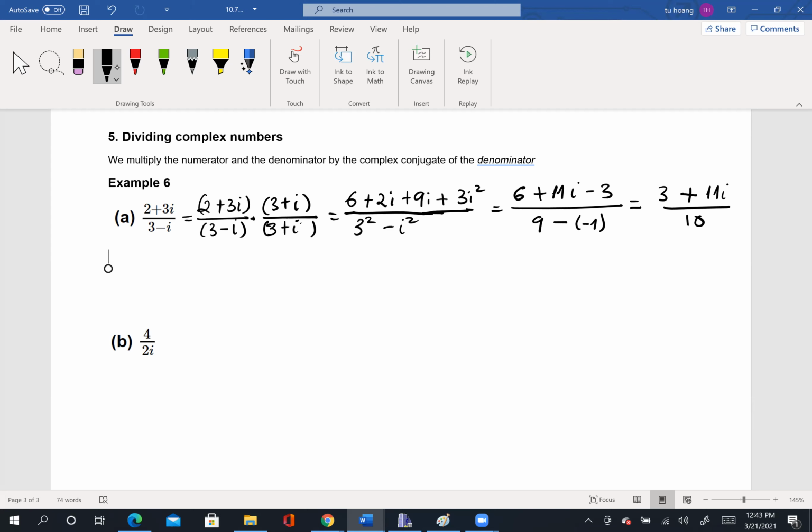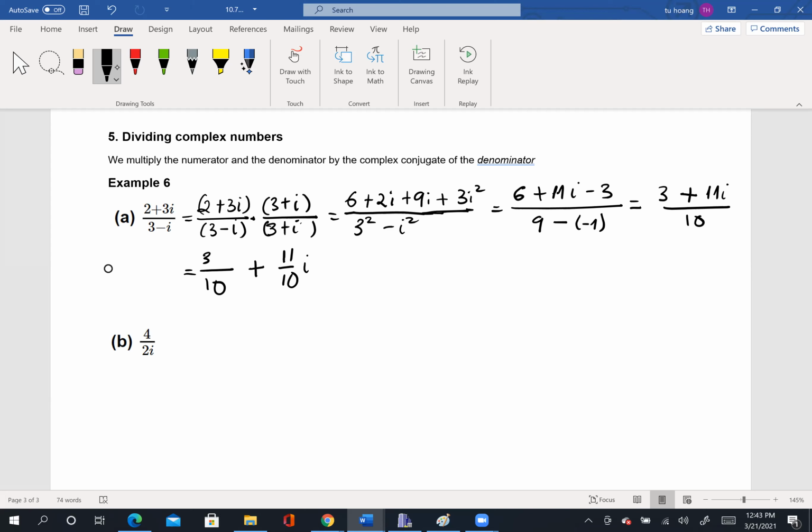Okay, so if I want to write it in the complex form, I would like to write the real part first, and split these two to become 3/10 plus 11/10 i.